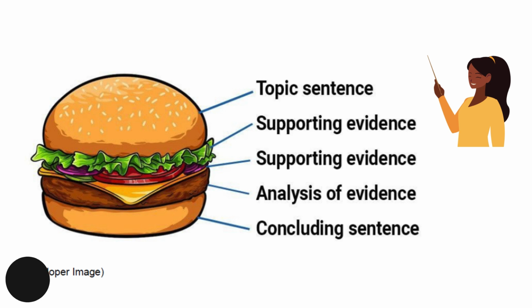But the burger illustrates five layers of writing. The first is your topic sentence. Now, generally, when you get your burger or you order one, the topic sentence is indicated by the top bun, the bun at the top of your burger. And this depicts the first thing that you will see, or the first thing that you will bite into, that top layer of your burger.